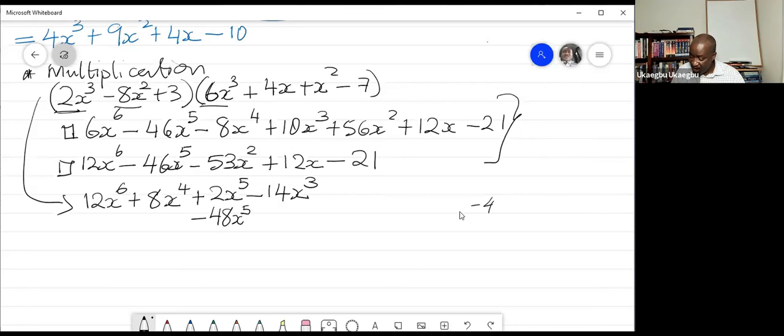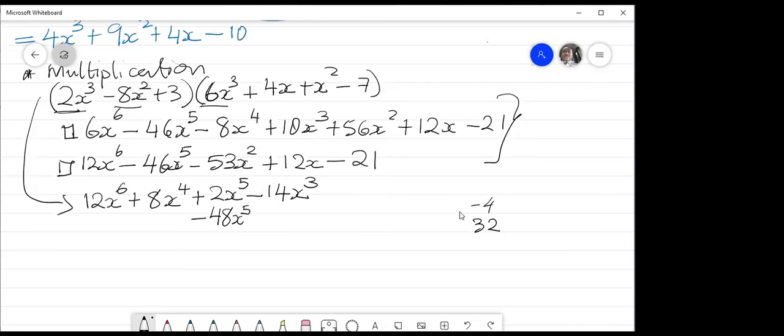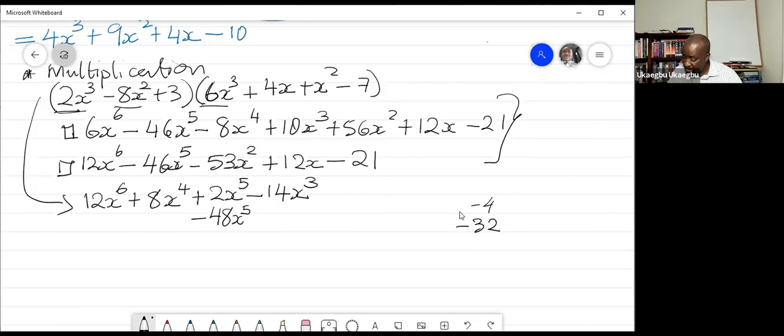Okay, so now we repeat. 8 times 4 is 32, and that's negative. Then x squared multiplied by x will give us x cubed. So we have minus 32x cubed.